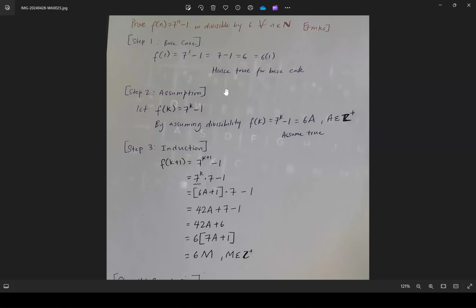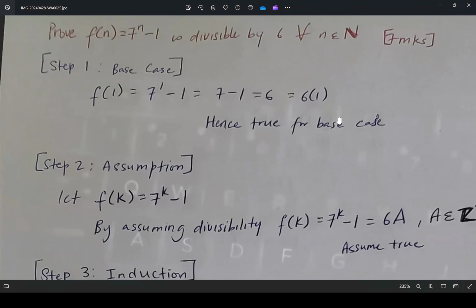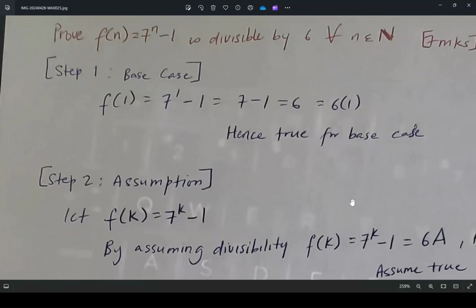Okay, so this one now is one that I've not covered yet, which is the principle of mathematical induction. This one is a very difficult topic for a lot of students because it makes no sense to them. It's not that it's hard to do, they just don't understand why they're even doing it in the first place, like why these steps exist. The question that they give is oftentimes just a divisibility question.